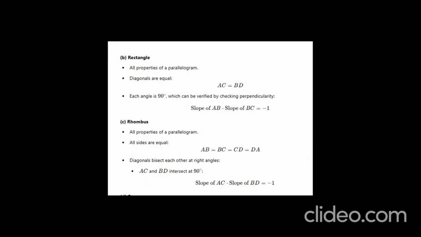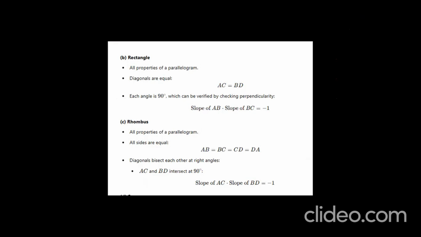AC is equal to BD, the two diagonals. Each angle is 90 degrees, which can be verified by checking perpendicularity. That is, slope of AB times slope of BC is equal to minus 1.